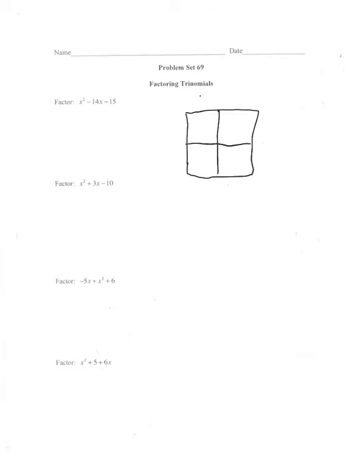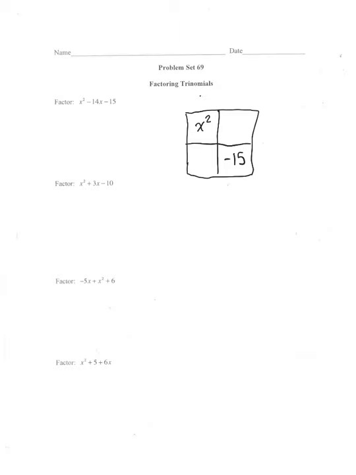We need to think kind of outside the box here. We have an x squared, which is the first terms being multiplied together, and we know that the negative 15 is the last term that's being multiplied together. Now what goes in these two boxes needs to add up to be negative 14.